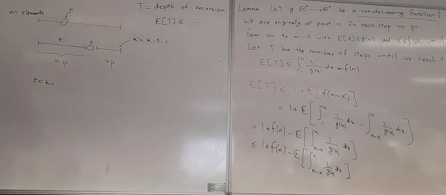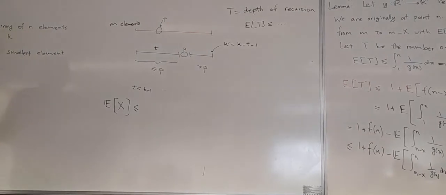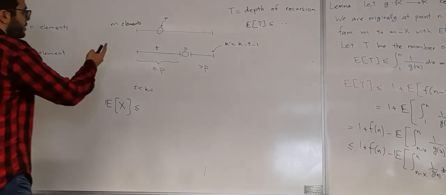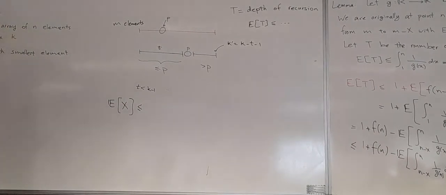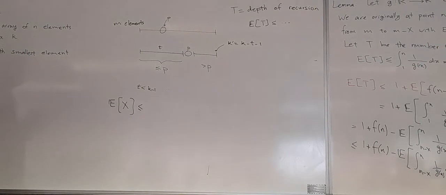So I want to find a bound on x, on the expected value of x. Now, it all depends on my pivot, right? But I'm choosing my pivot uniformly at random. So every pivot is equally as likely as every other pivot.